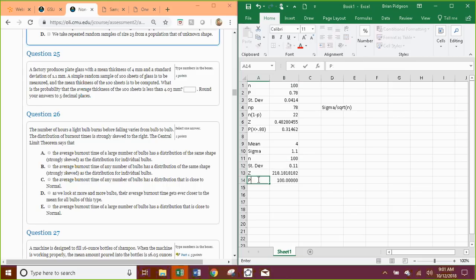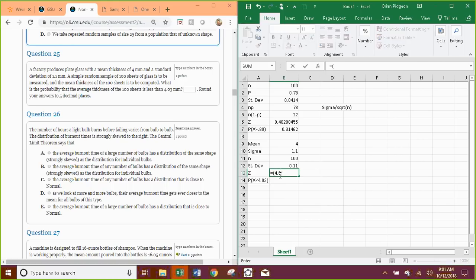What is the probability that the average thickness is less than 4.03? What we need to do is first calculate our z-score.